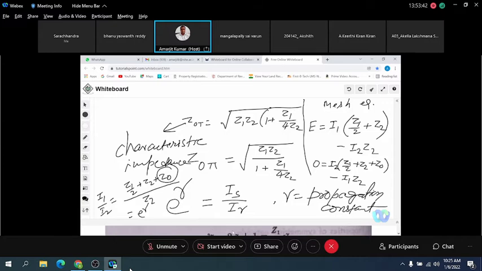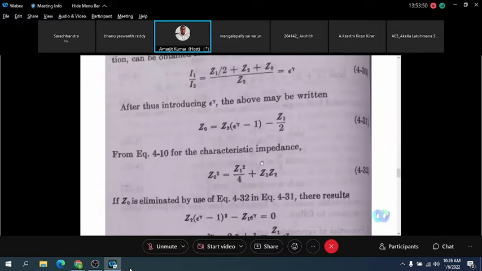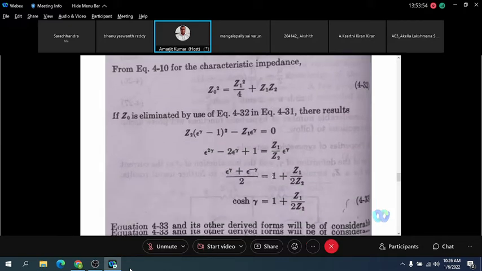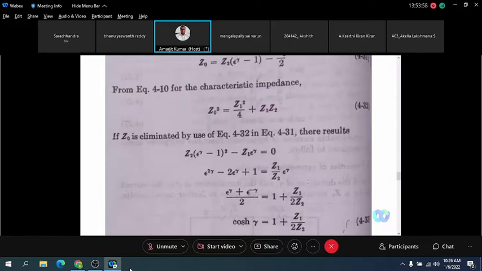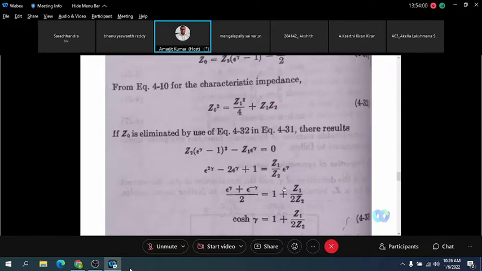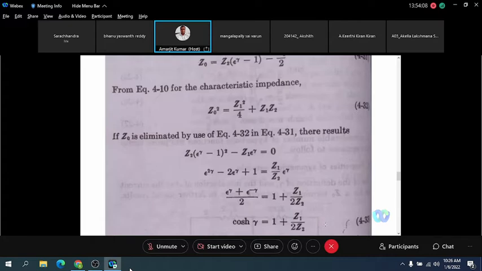So that means you can calculate gamma in terms of Z1 and Z2. What will be that gamma in terms of Z1 and Z2? Put this value of Z0 here. Basically, cosh gamma is equal to 1 + Z1/2Z2. Are you getting where this came from?